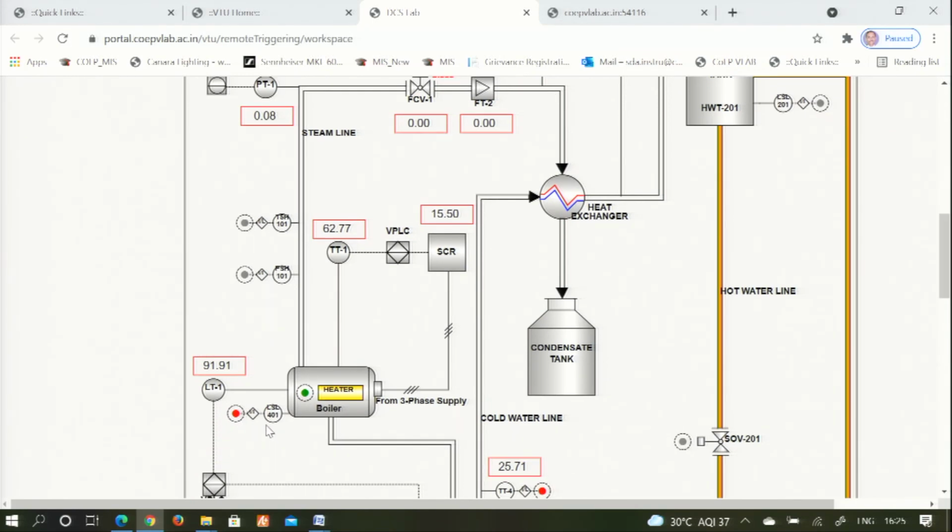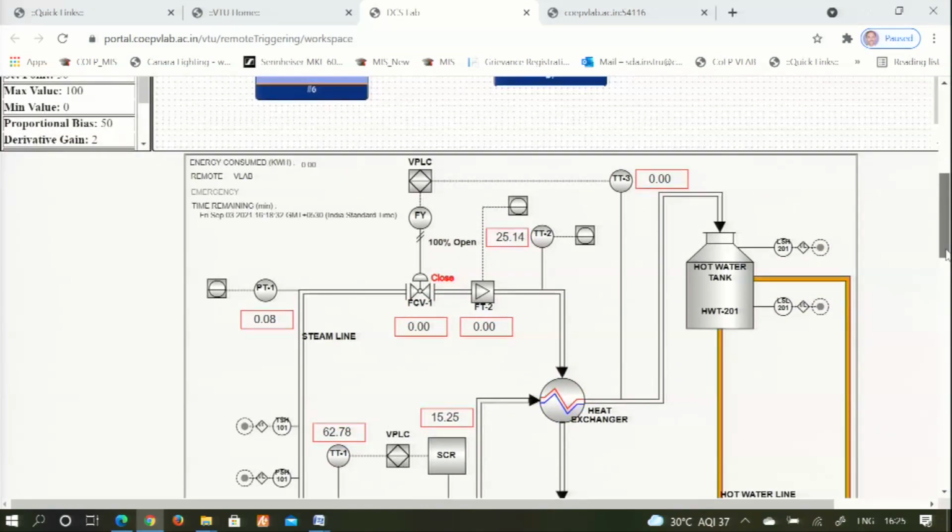So, you can see here, if the level in this drum goes down below a certain limit, this will be working like an interlock, and in my previous session I was referring to the safety of the plant. What is safety? Because I am at a remote location, I am operating a plant and nobody is there close to the plant.